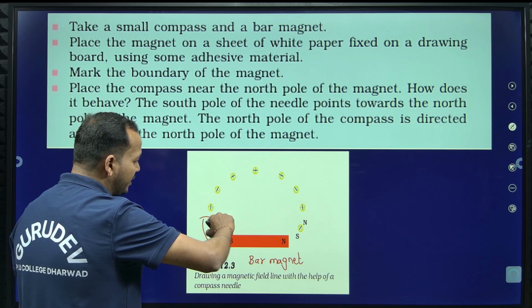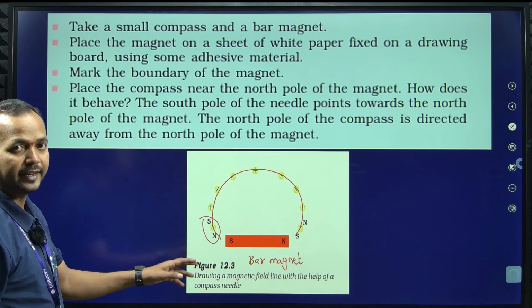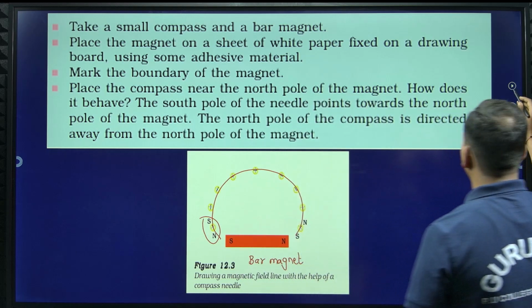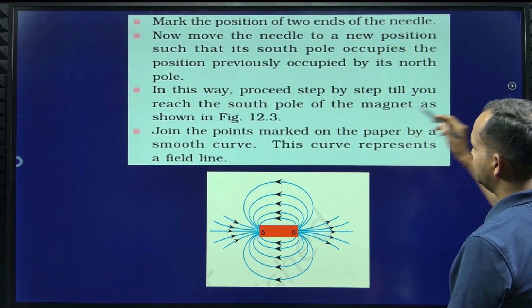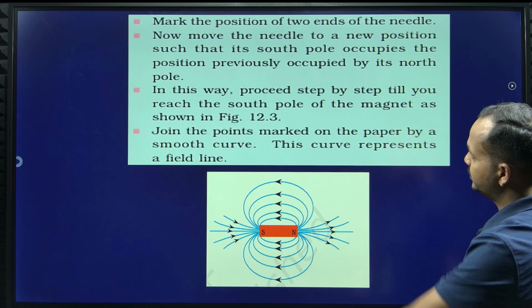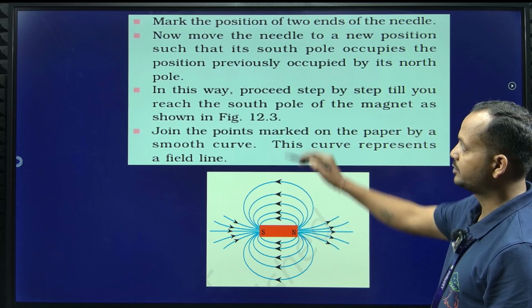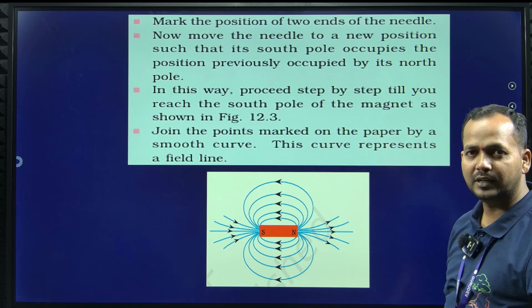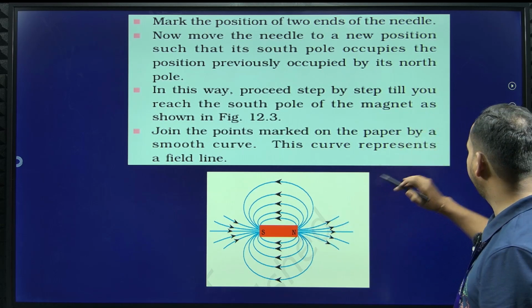Like that you get one line, which is called a magnetic field line, right? You can see those magnetic field lines here. These are the magnetic field lines we get using the needle compass box. This way we find out the magnetic field lines around the bar magnet.